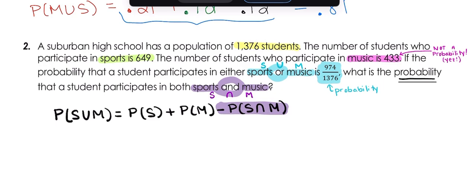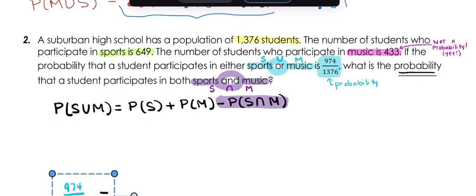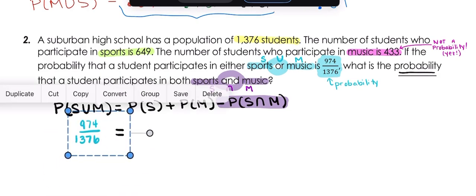Now what we're going to do is go back and plug in all of the other missing pieces. And we have to make sure that everything is written as a probability. Okay, so the union here, we know the union, and luckily for us, it's already written as a probability.